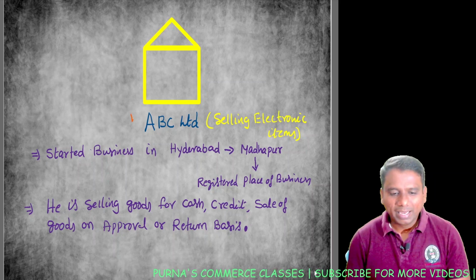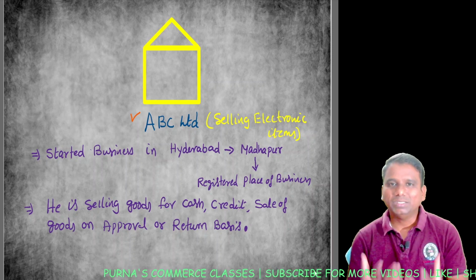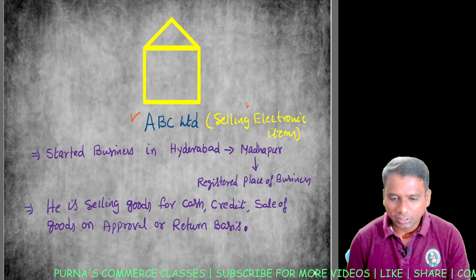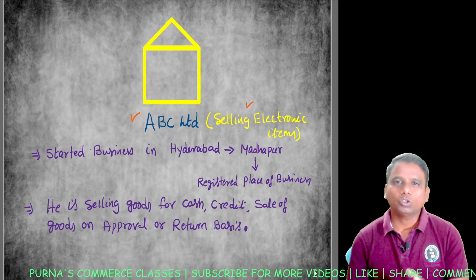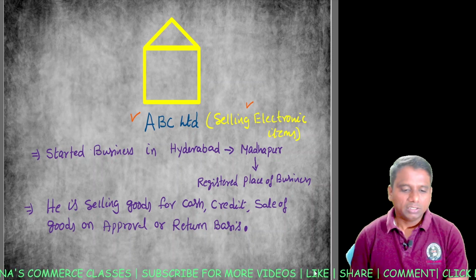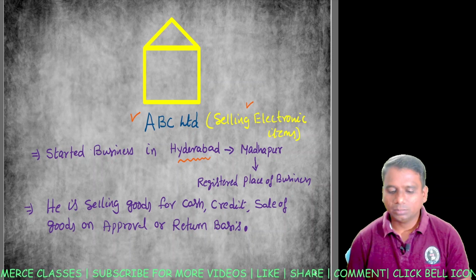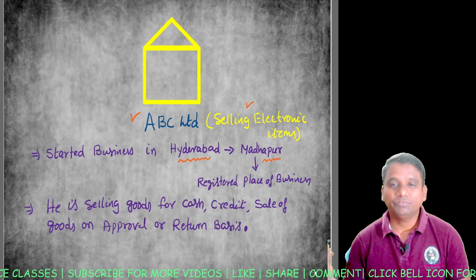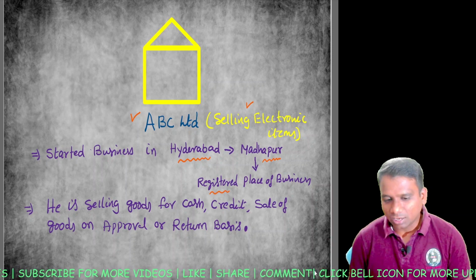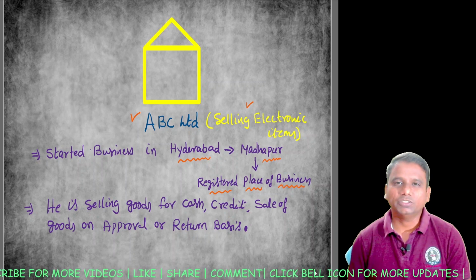Now we have ABC Limited. We started a new business called ABC Limited. What is the objective of starting the business? Selling electronic items. So we started our business in Hyderabad, and the specific place is Madhapur. That means this is our registered place of business.